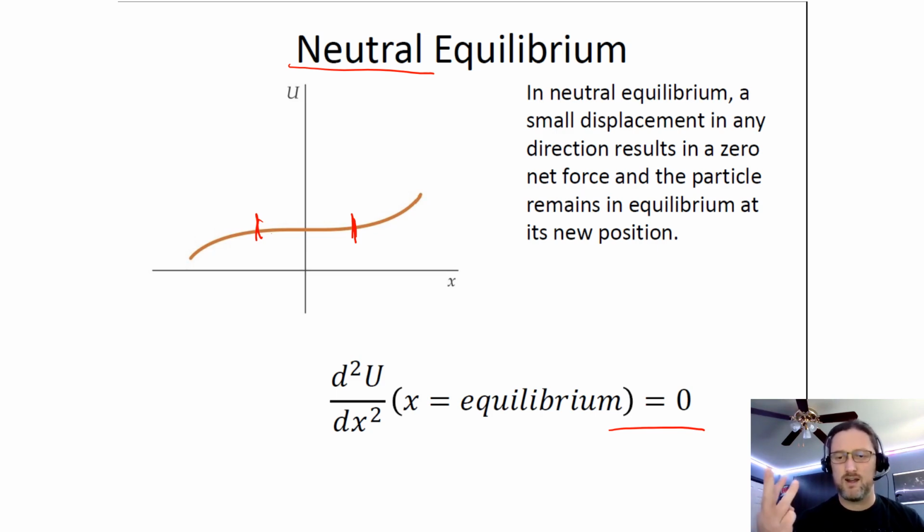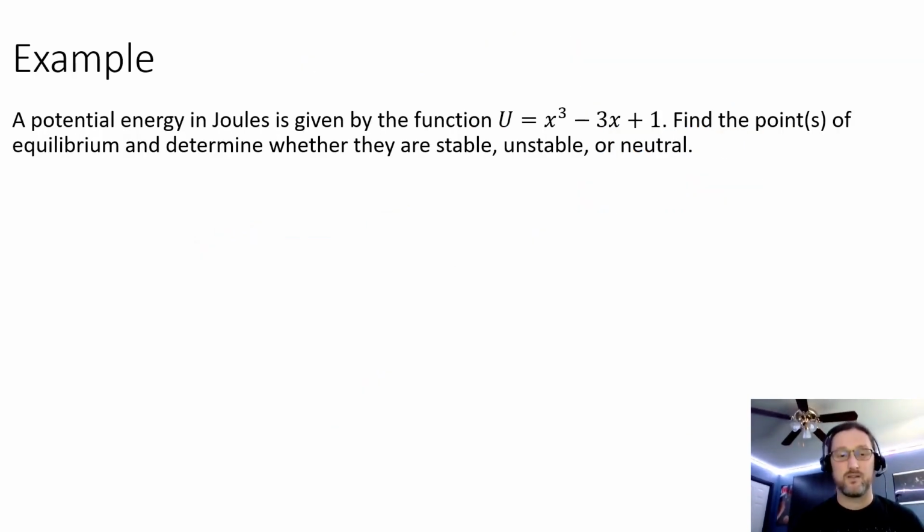So those three kinds of equilibrium are things that we want to look at: stable, unstable, and neutral. And of course, we want to be able to find equilibrium positions. Here's an example. We're just going to work through this as the way to find this. And remember, this corresponds exactly with finding maximums and minimums, doing maximization, minimization problems in calculus class using derivatives.